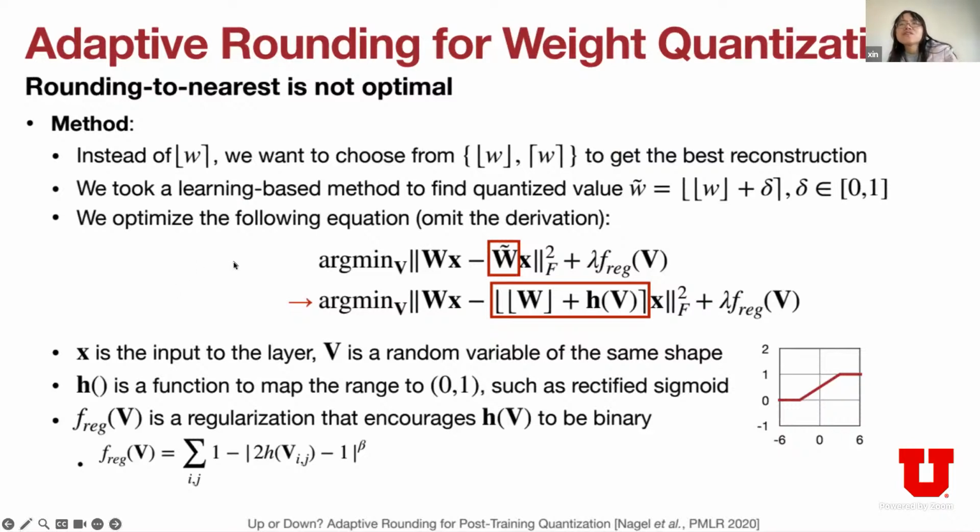And it used some method to achieve that. Firstly, it introduced an additional random variable of the same shape as the weight, and then it also introduced one regularization term, f(V). This will try to force h(V) to be close to 0 or 1, and h(V) here is to learn delta.